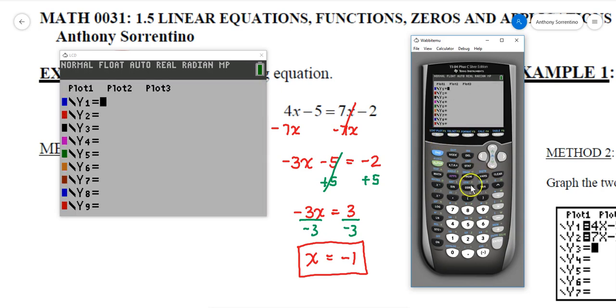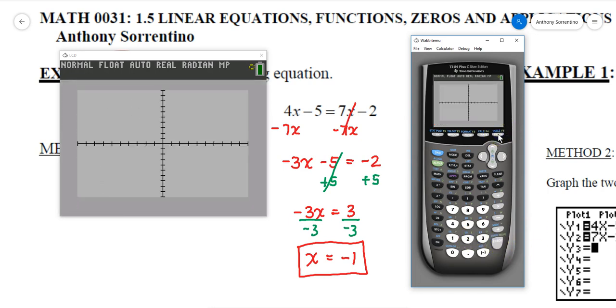All I'm going to do is look at these two as being separate functions. Y equals 4x minus 5, and y equals 7x minus 2. And I'm going to graph those two things.